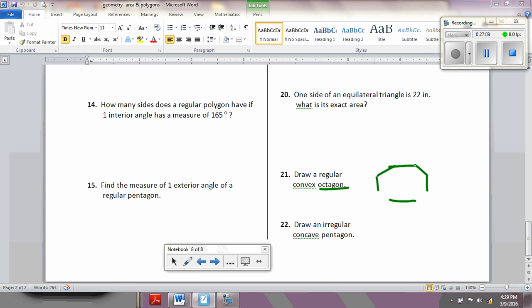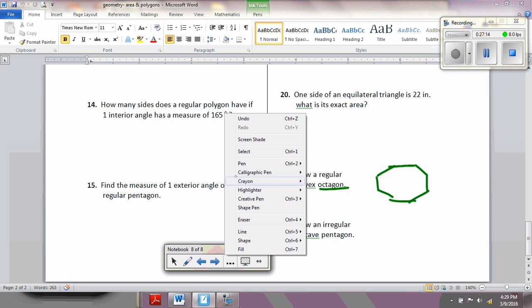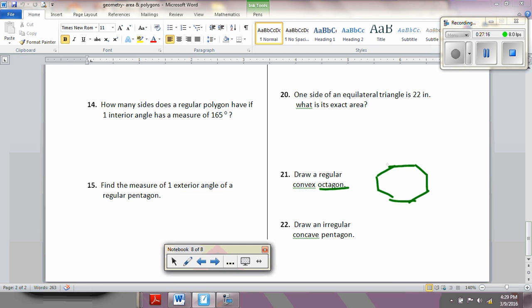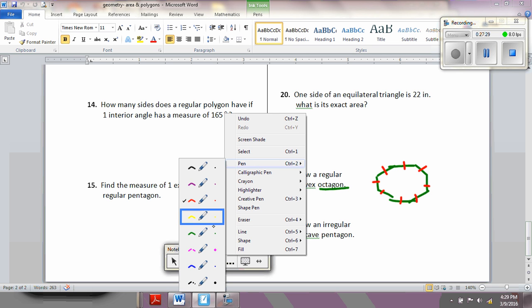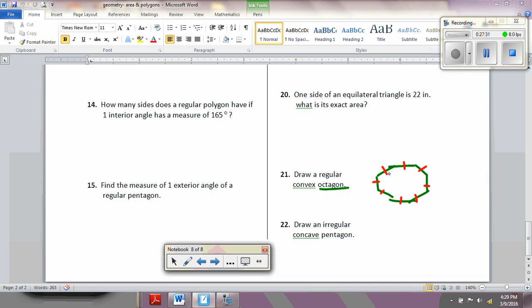And then show that all sides are congruent with the little tallies. So there's 1, 2, 3, 4, 5, 6, 7, 8. Show all the sides are congruent, plus show all the angles as being congruent using arcs. So 1, 2, 3, 4, 5, 6, 7, 8.